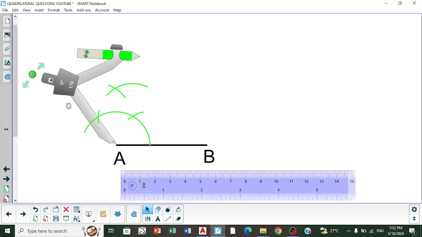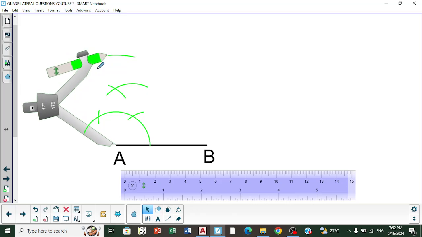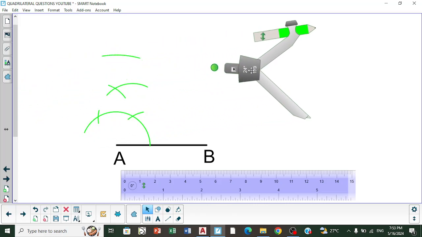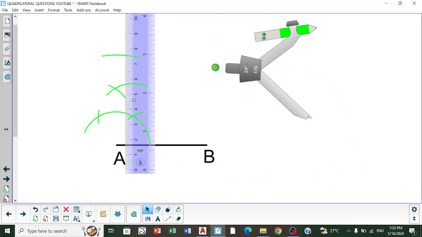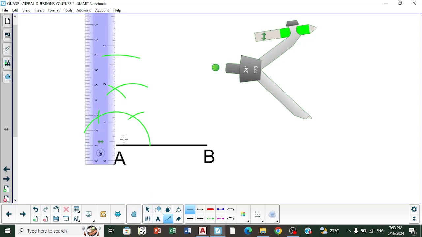For that distance at the top, I'll then take my ruler, line it up, and I'll draw a straight line to meet my 60 millimeter mark drawn with my compass.